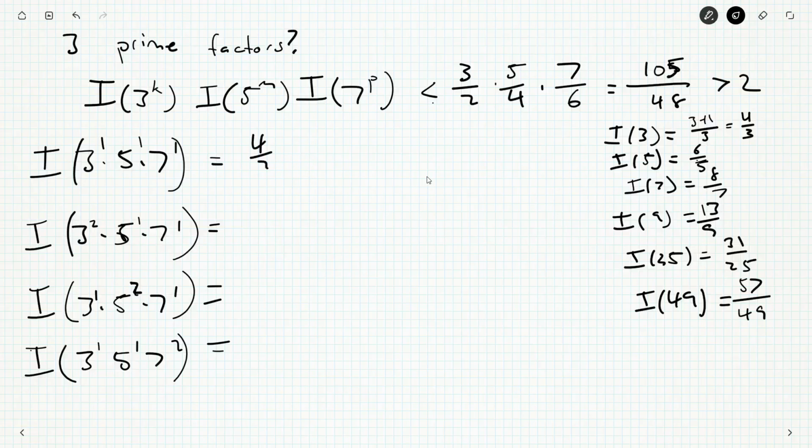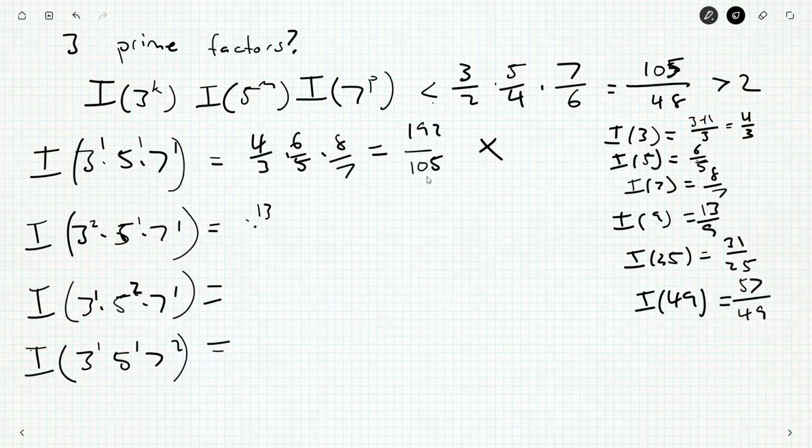So this is 4 over 3, 6 over 5, 8 over 7. There's no way that's happening, but we'll just double check. 4 times 6 times 8, 192 over 105. So no, that one's no good. It might be that none of these are any good, although look, it's pretty close.